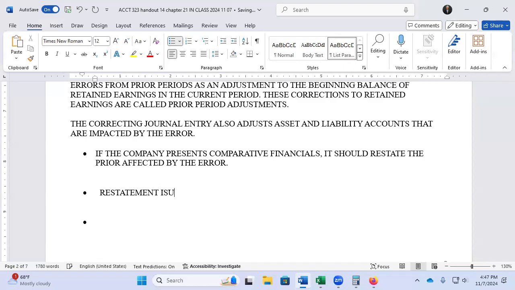Restatement is used for the process of revising previously issued financial statements.